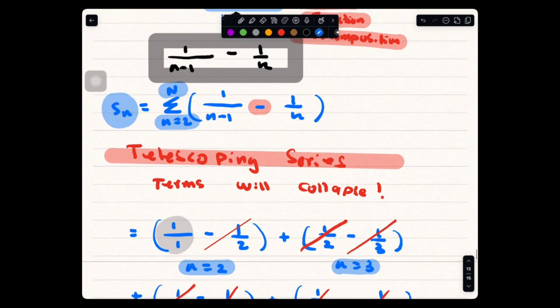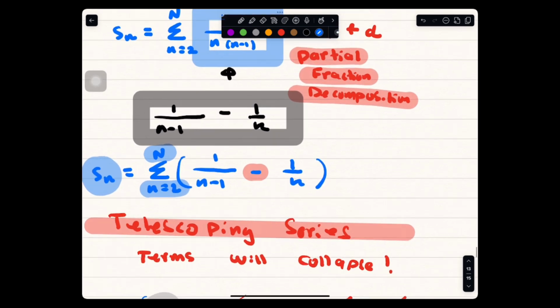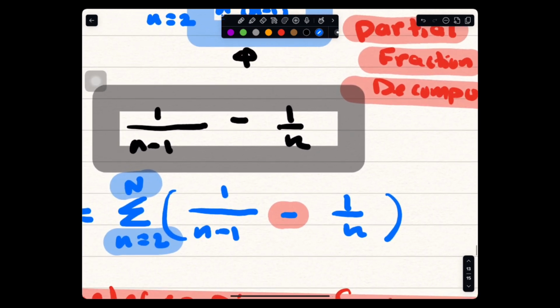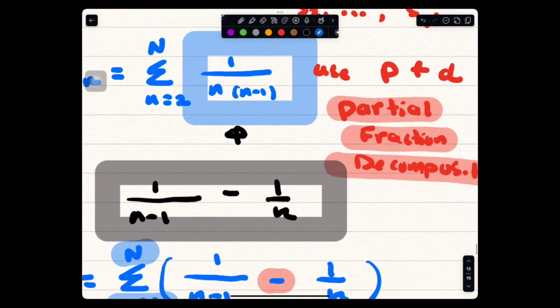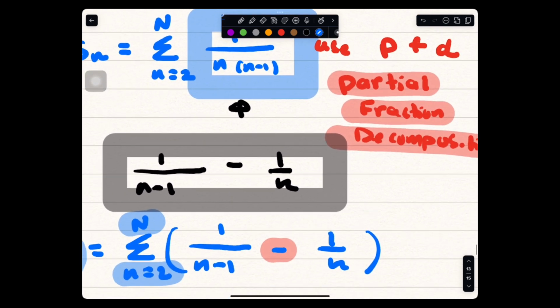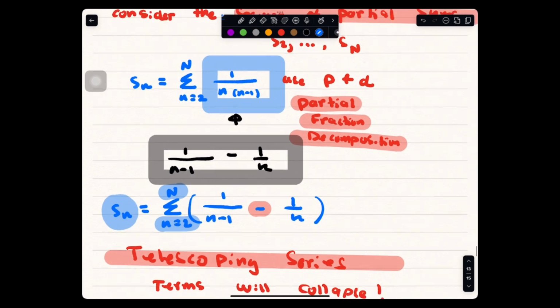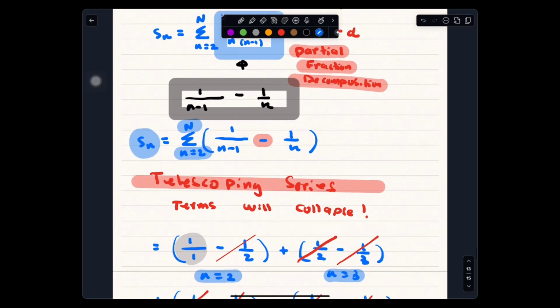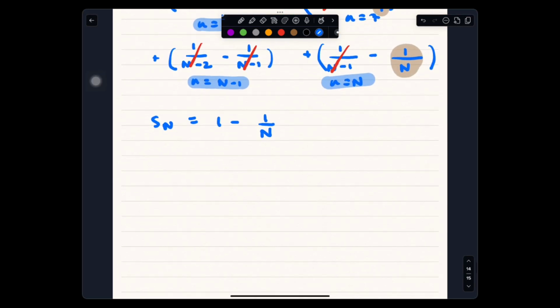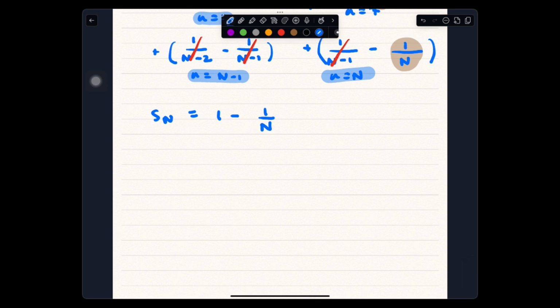When I used partial fraction decomposition and rewrote that quotient, instead of 1 over n times n minus 1, I get 1 over n minus 1 minus 1 over n. And what that does for us now is give us a nice sequence to take the limit of. Remember what I gave you guys last time.